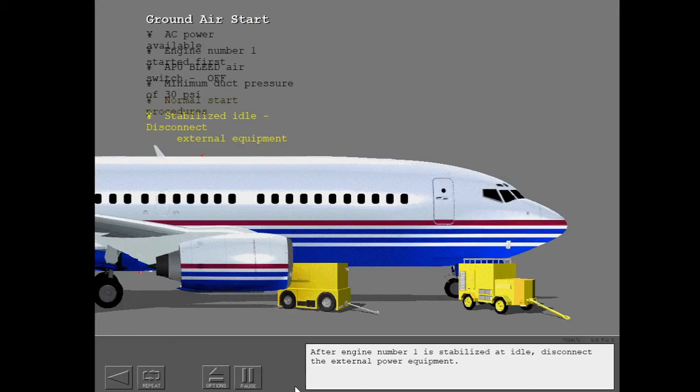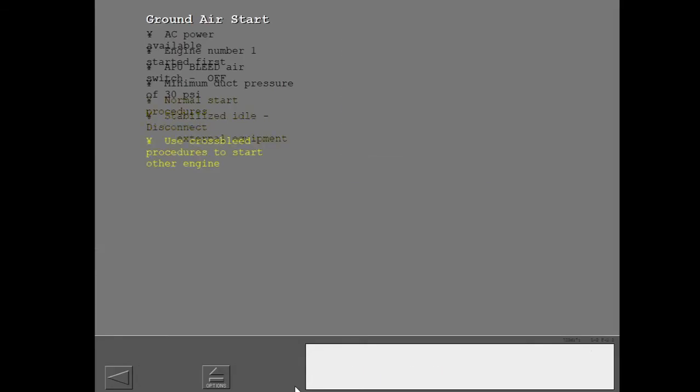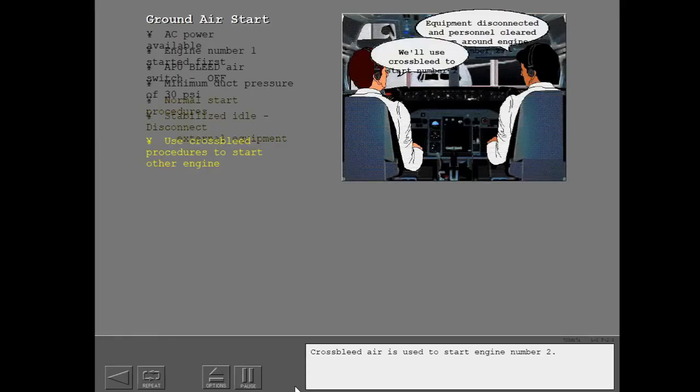After engine number 1 is stabilized at idle, disconnect the external power equipment. Cross-bleed air is used to start engine number 2.